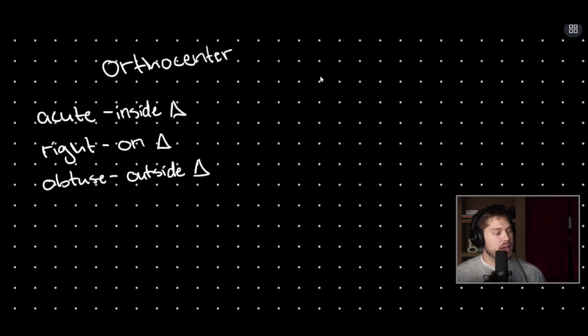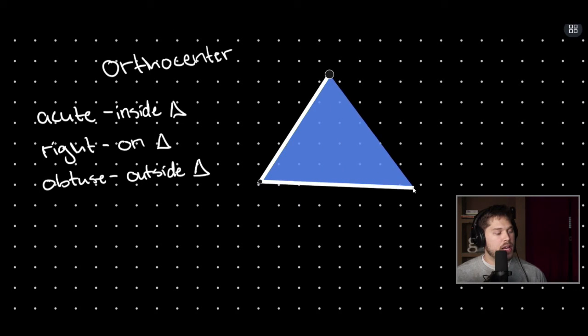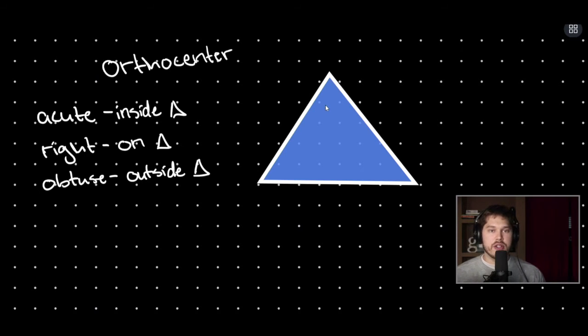So let's start with our acute triangle example. If we have an acute triangle and we are looking to draw the altitudes, the altitude is going from your vertex and forming a right angle with the opposing side.